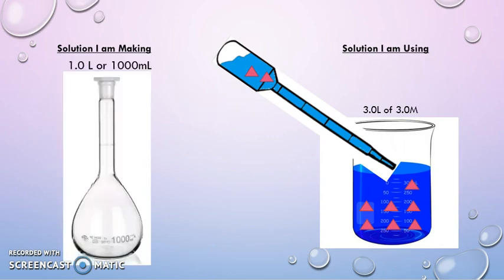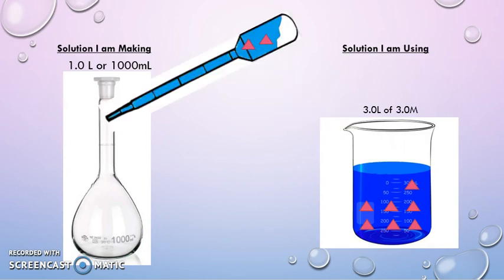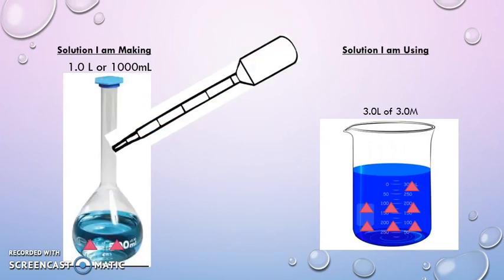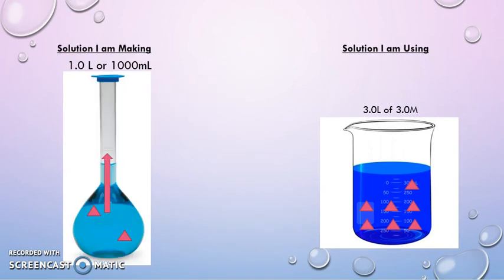Up next, the solution I'm making, I know I want to have a volume of 1 liter, so I'm going to go get a 1 liter volumetric flask. I'm going to transfer that blue material into the volumetric flask, and then finally I'm going to fill up the remainder of the space, diluting it all the way up to that line to give me a final volume of 1 liter, a final molarity of 2 molar. You can see I have 2 moles per that 1 liter.